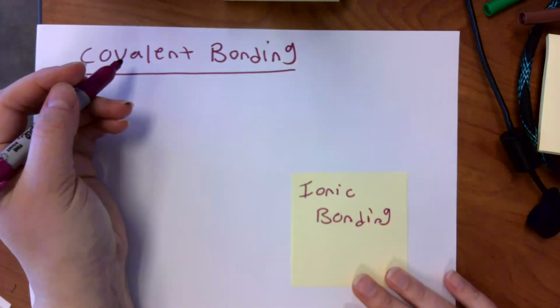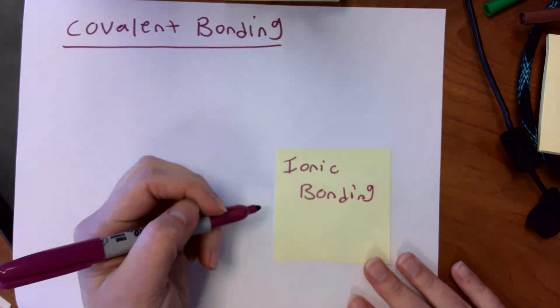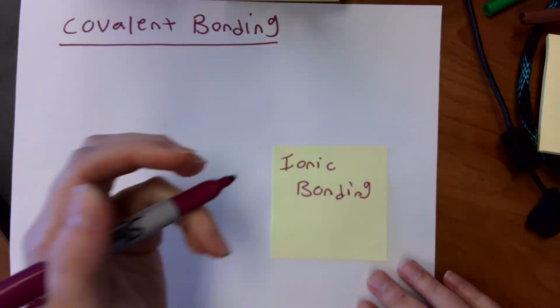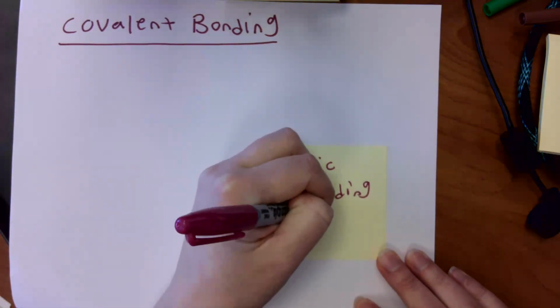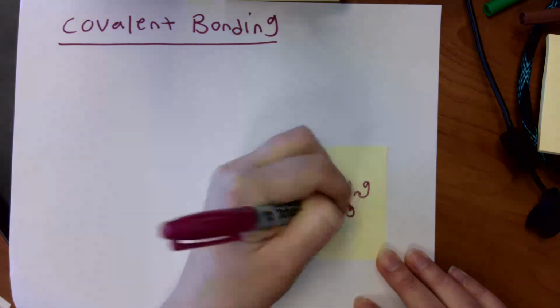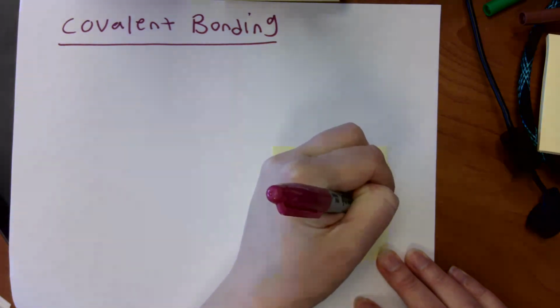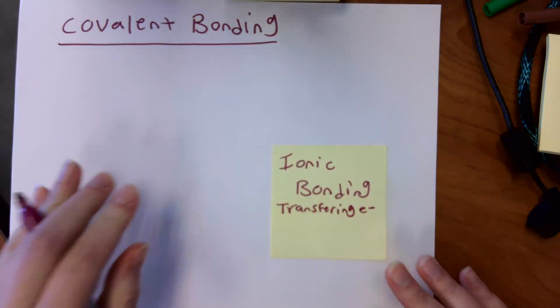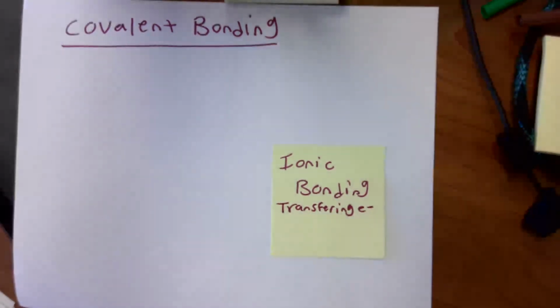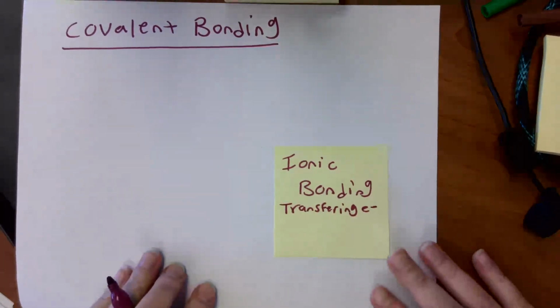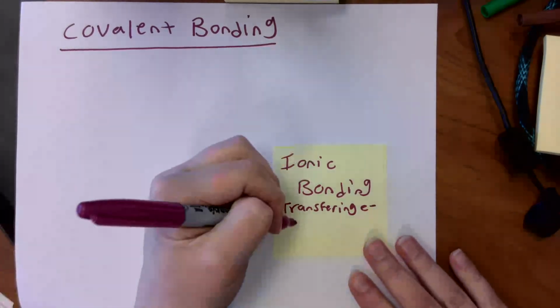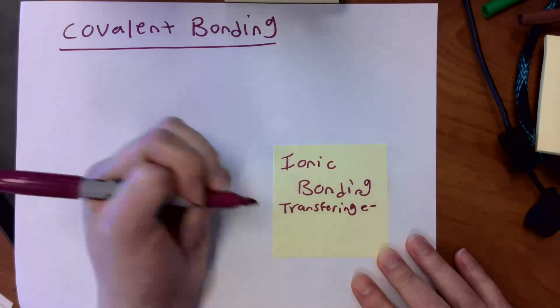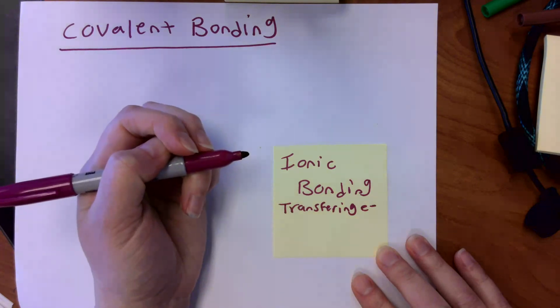So step back a second. Remember what ionic bonding was about. It was about transferring electrons around. It wasn't about keeping them or anything like that. It was about getting rid of them or taking them up in order to get a full valence shell of electrons, or 8 out of 8 on the outside.